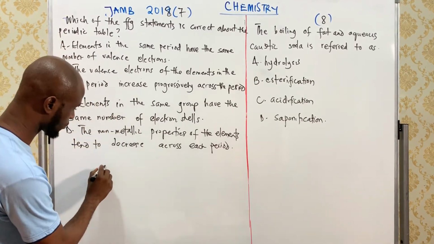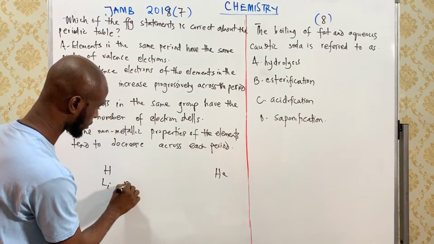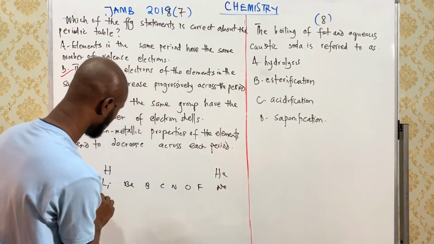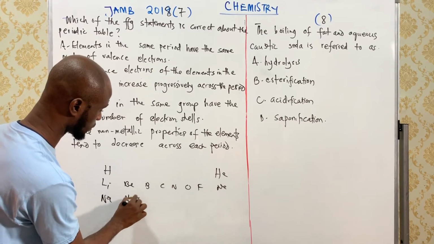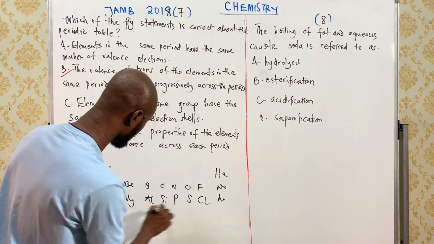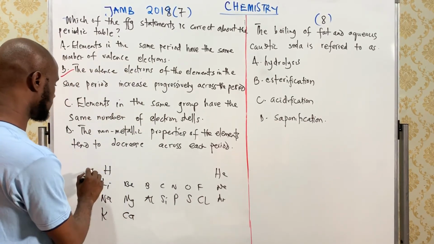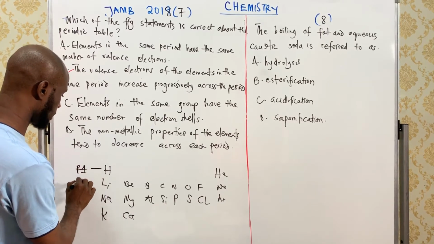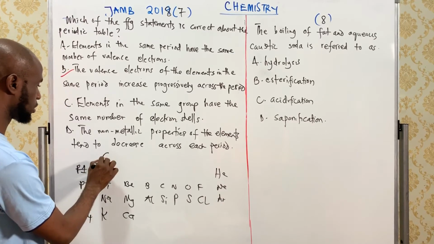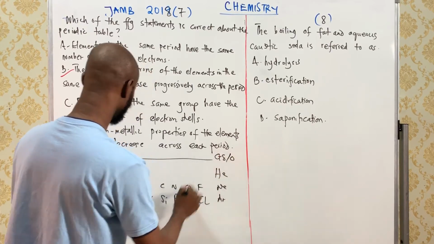We have the periodic table like this: hydrogen, helium, lithium, beryllium, boron, carbon, nitrogen, oxygen, fluorine, neon, sodium, magnesium, aluminium, silicon, phosphorus, sulfur, chlorine, argon, potassium, and calcium. Here we have period 1, period 2, period 3, and period 4, and groups 1 to group 0 or group 8.